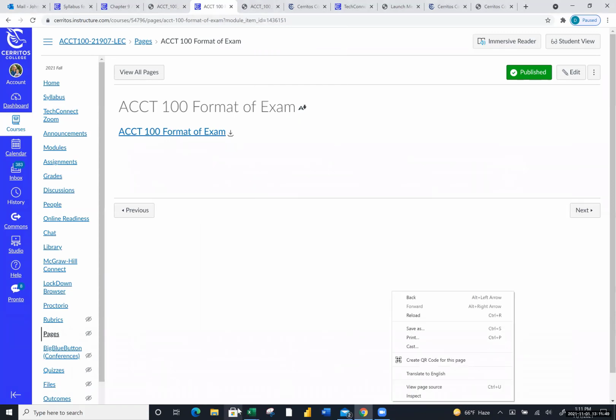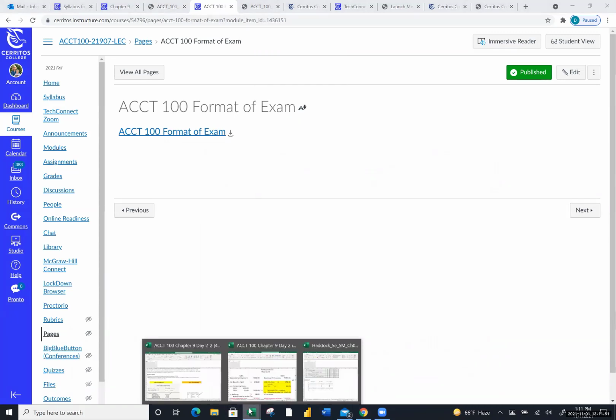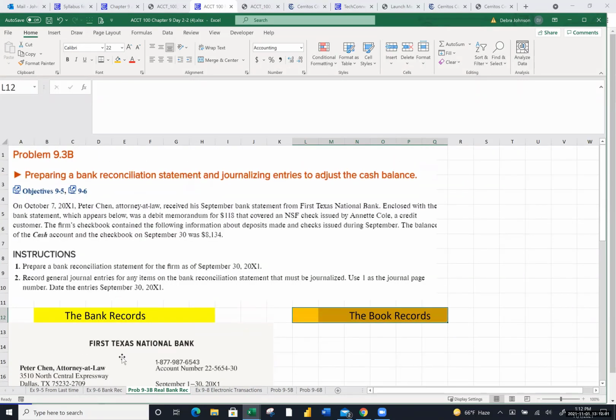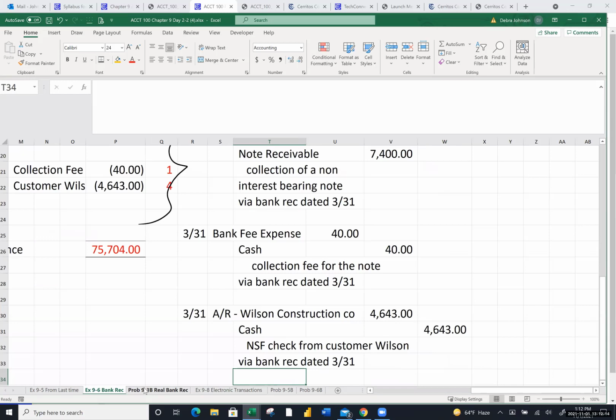For the one that you were just looking at. Yeah, the one I was just looking at, let me pull it up. Day 2, I think it was this one. There's 2 tabs. No, there's only 1 tab. 9-3, it says real life bank reconciliation. Yeah, because I see the 9-6, but it doesn't say B. You should see it right next to 9-6.